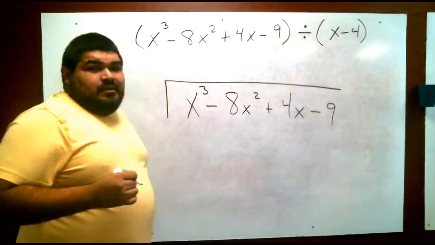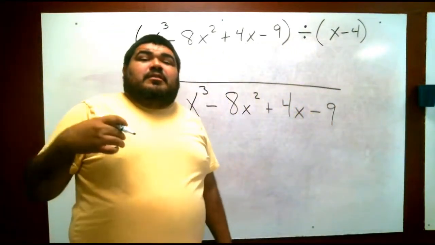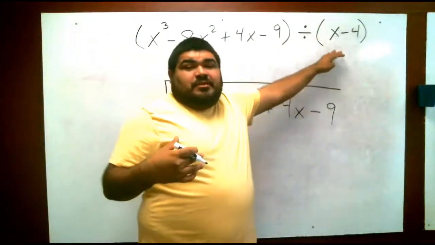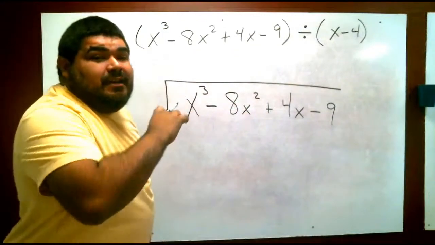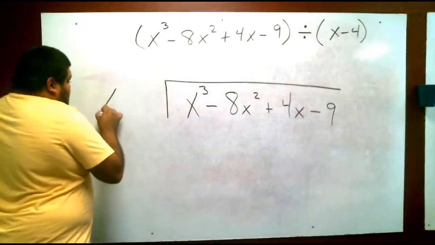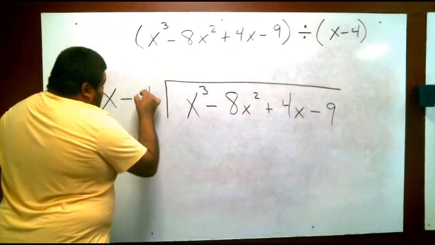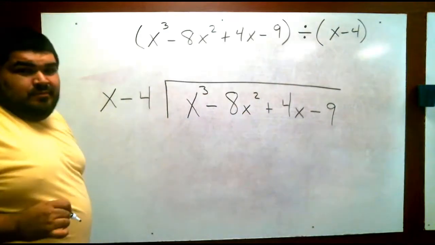Okay? Now the numbers that are being divided by go on the outside. So we have x minus 4.